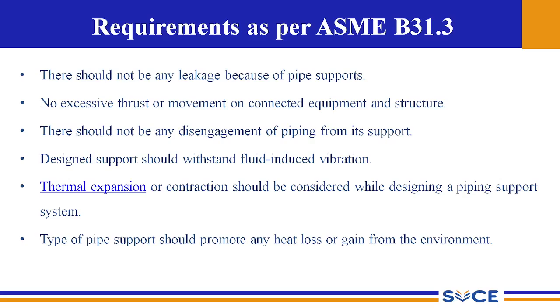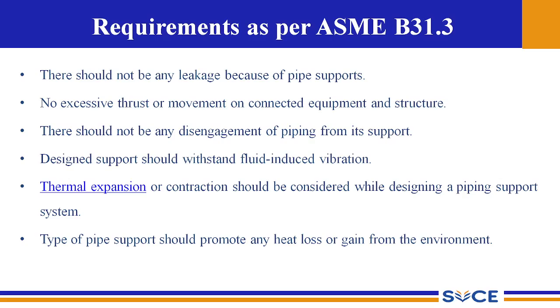Normally, leakages will arise due to corrosion problems, and when we install the pipe supports by using some clamps or bolted arrangements, we may damage the main pipeline. The requirement as per ASME B31.3 is that there should not be any leakage because of installing any pipe support.